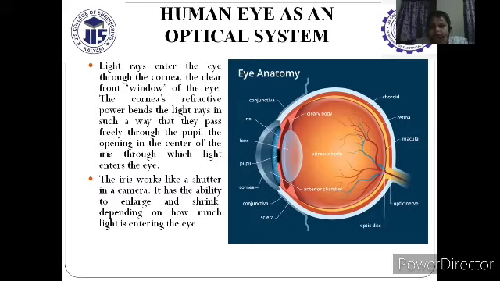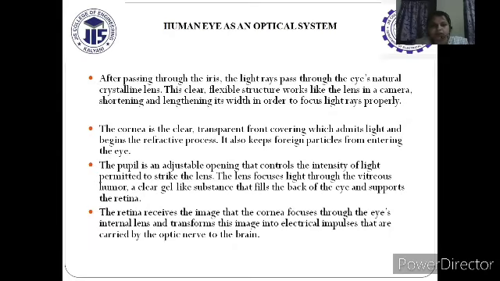That means the optic nerve sends an impulse to the brain by which we can visualize anything. The retina receives the image that the cornea focuses through the eye's internal lens and transforms this image into electrical impulses that are carried by the optic nerve to the brain.